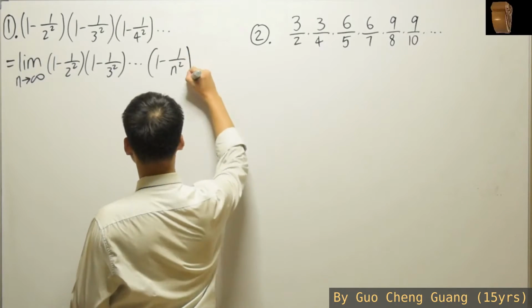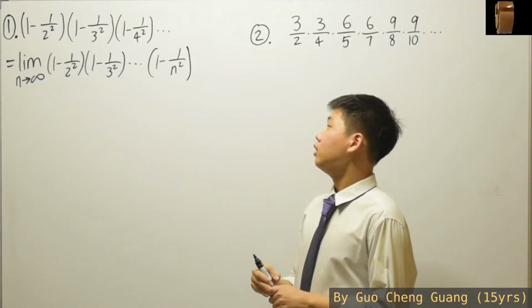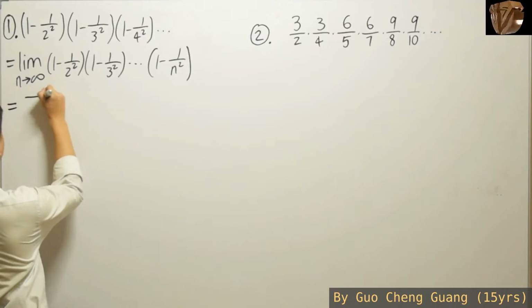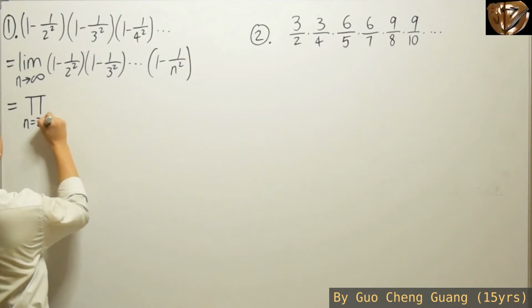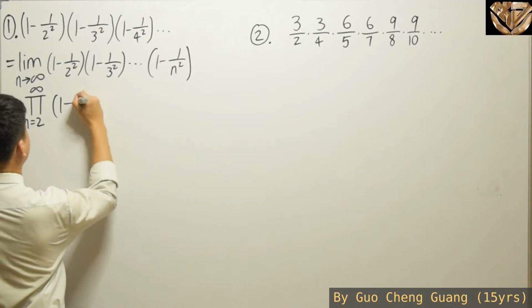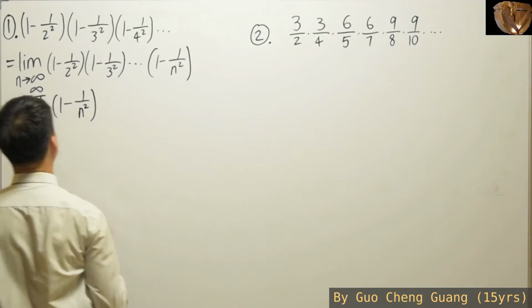So how do we plan on solving this question? We could change it into a pi notation first: the product for n starting from 2 until infinity of 1 minus 1 over n squared.